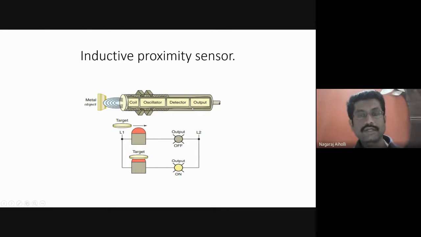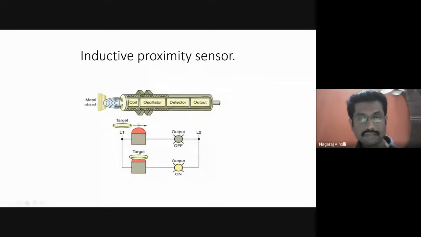When the detector detects that there is less energy, it identifies that there is a presence of the object. Otherwise, if the received energy is the same as the sent energy, then it detects that there is no object present nearby. That is how the inductive proximity sensor works.